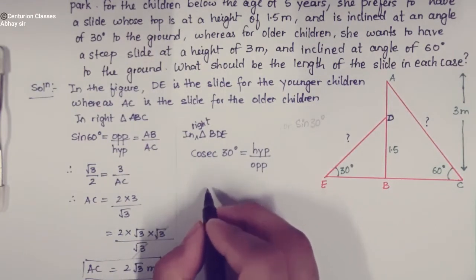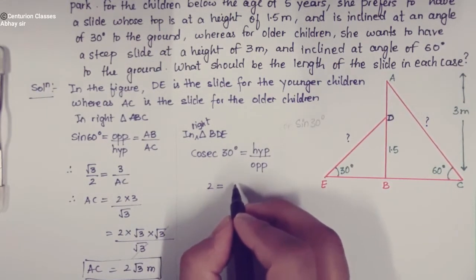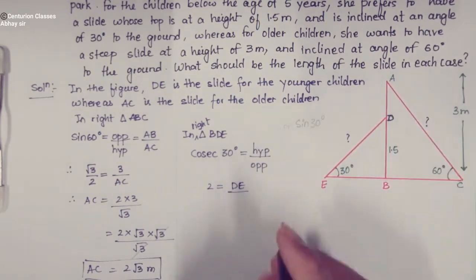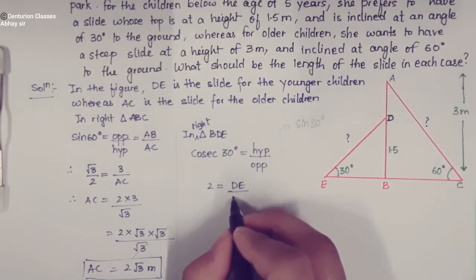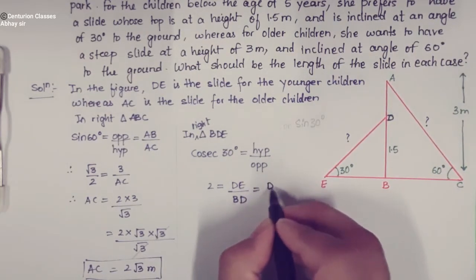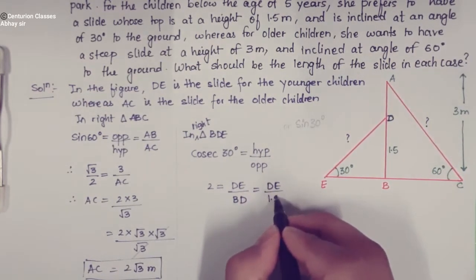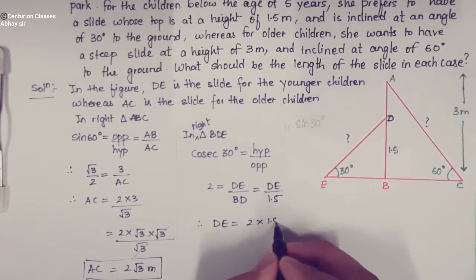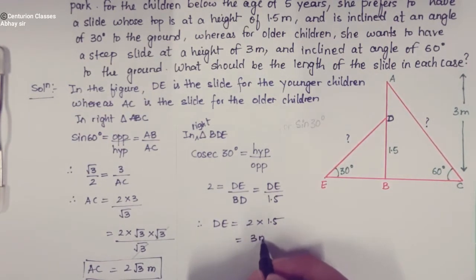So cosec 30 is nothing but 2. Hypotenuse is what we need to find, that is DE, and BD is 1.5. So DE upon 1.5, therefore DE equals 2 into 1.5, and this is 3 meters.